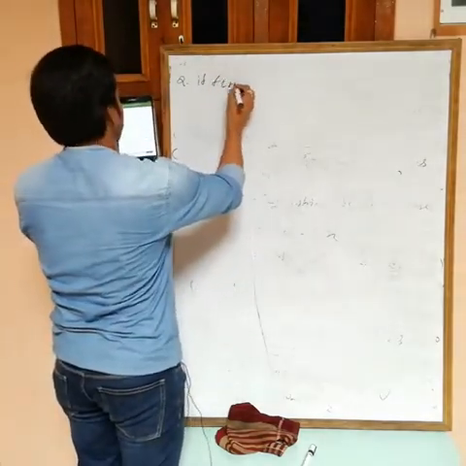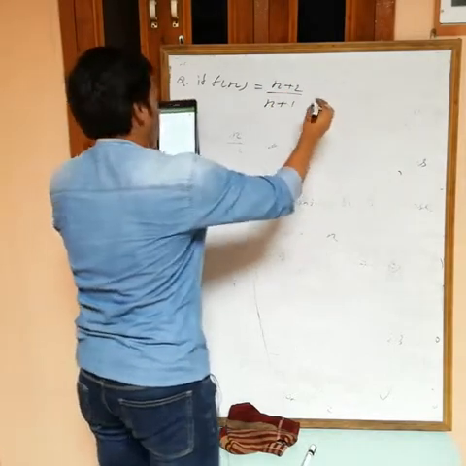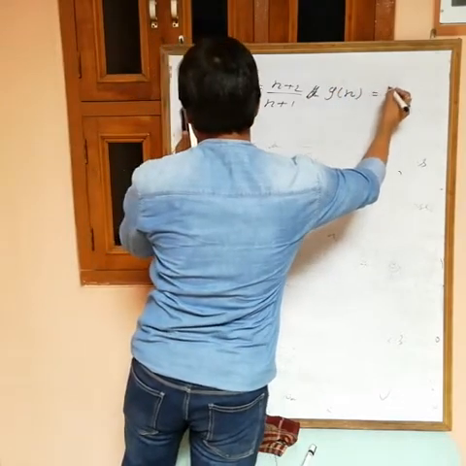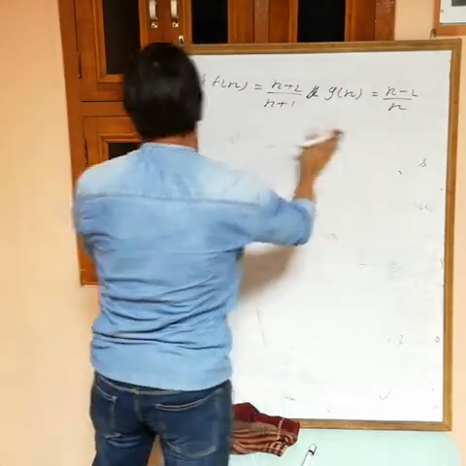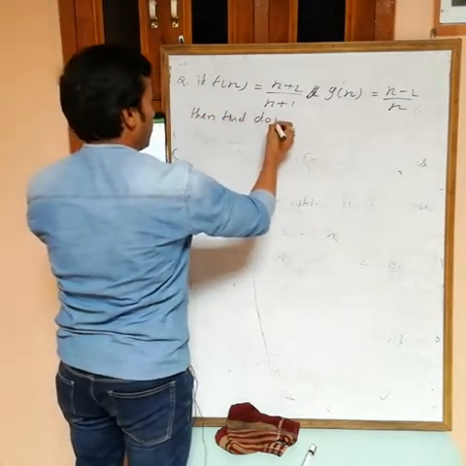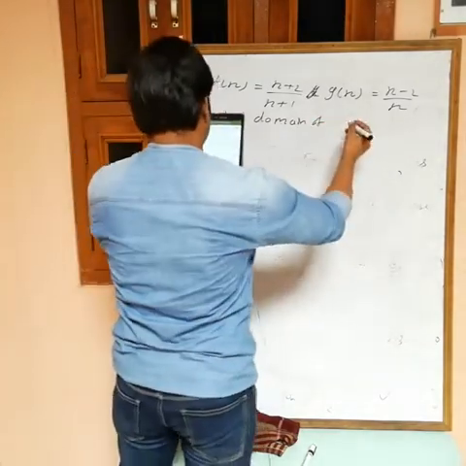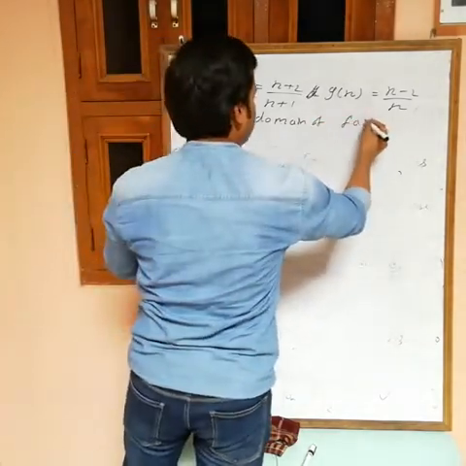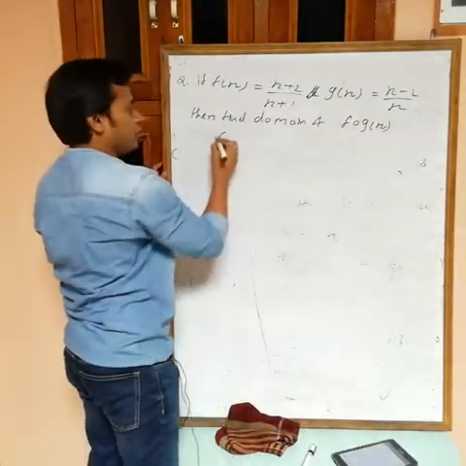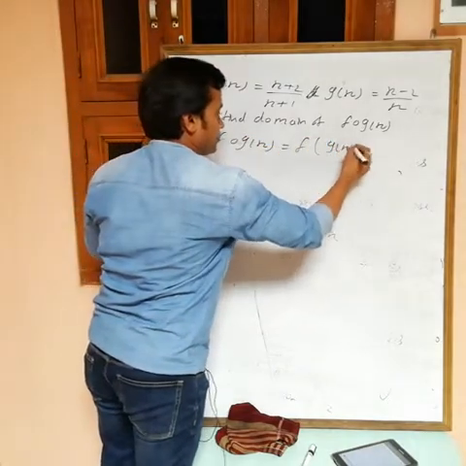If f(x) is equal to (x plus 2) by (x plus 1) and g(x) is equal to (x minus 2) by x, then find the domain of f of g(x). What do we want? We want the domain of f of g(x).